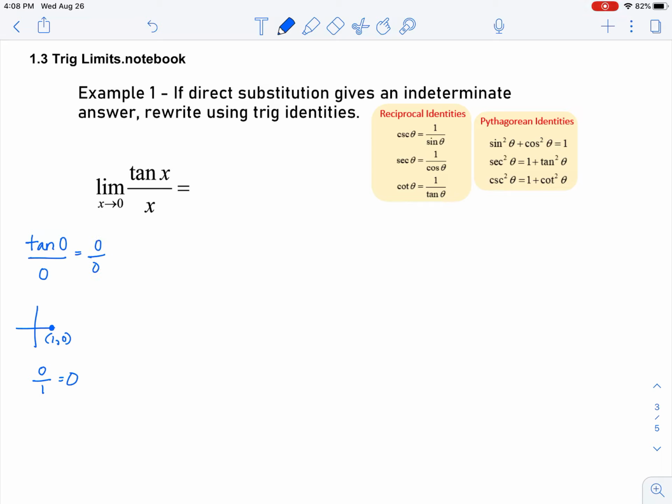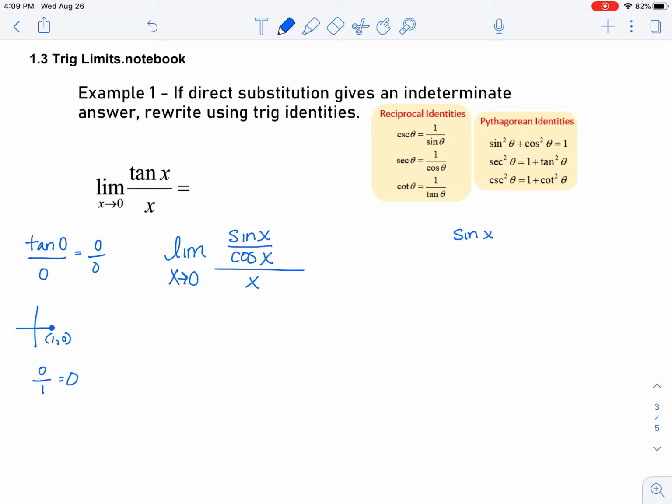This is indeterminate form. This means we must be able to rewrite it in some way in order to actually do the calculation. So we're going to rewrite tangent as sine over cosine. So we have the limit as x approaches 0 of sine x over cosine x over x. Now that's a messy complex fraction, so how do we do that?